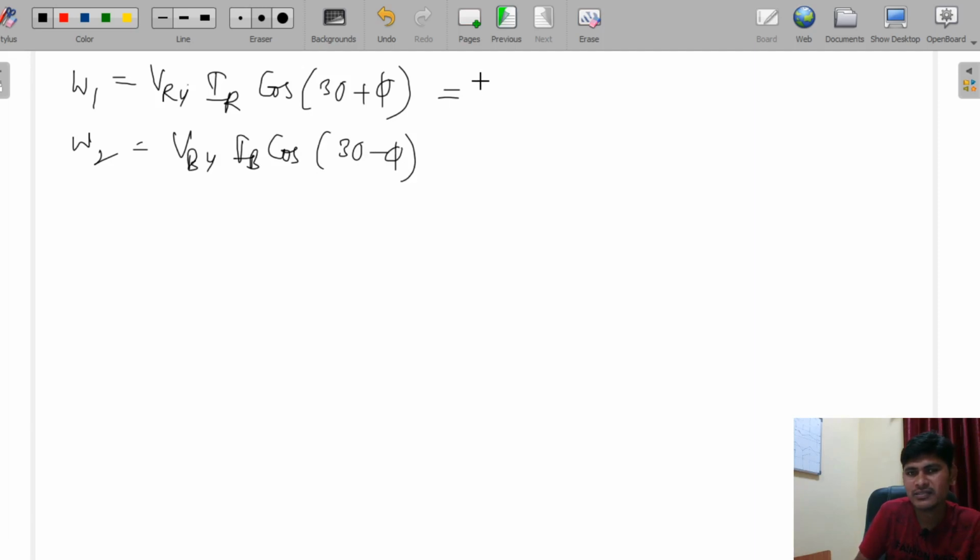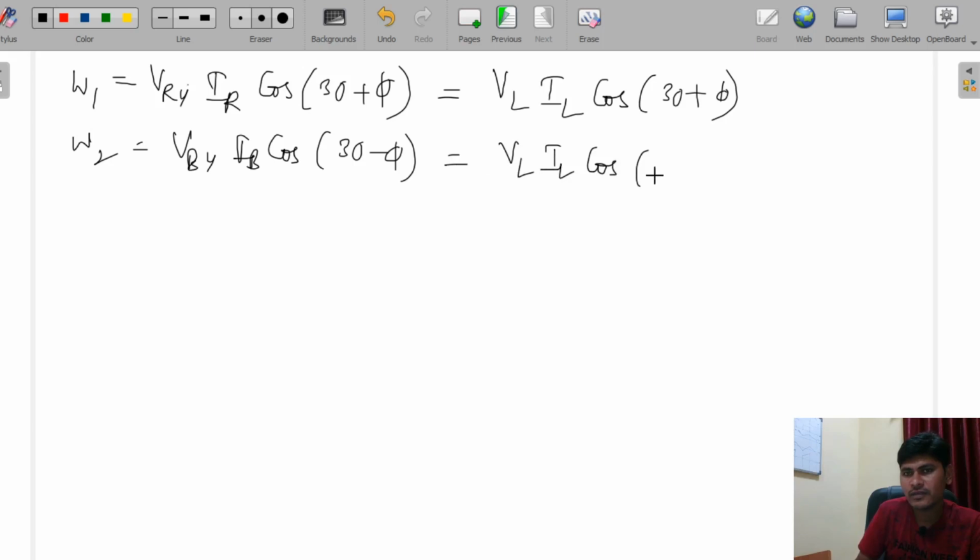Simply you write like this. Anyhow, for a balanced load, all line voltages will be equal, all phase currents will be equal, and all line currents will be equal. So you just write VL IL cos of 30 plus phi, and VL IL cos of 30 minus phi.